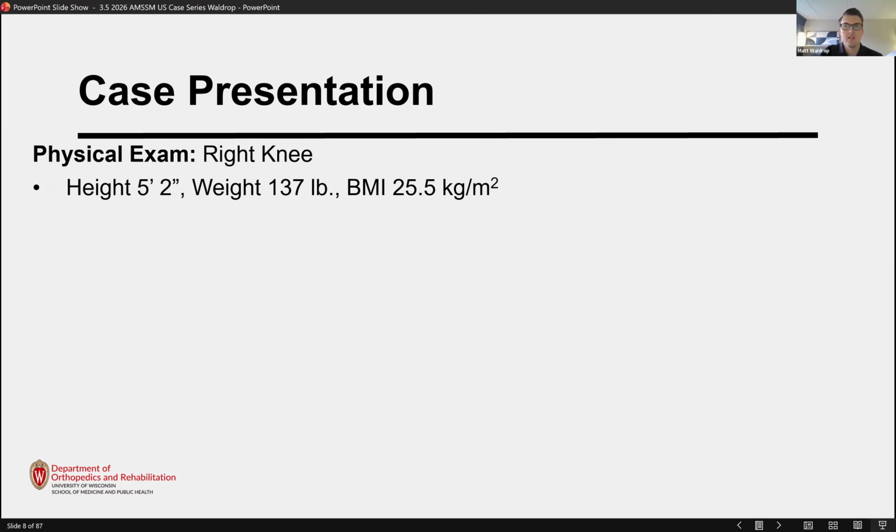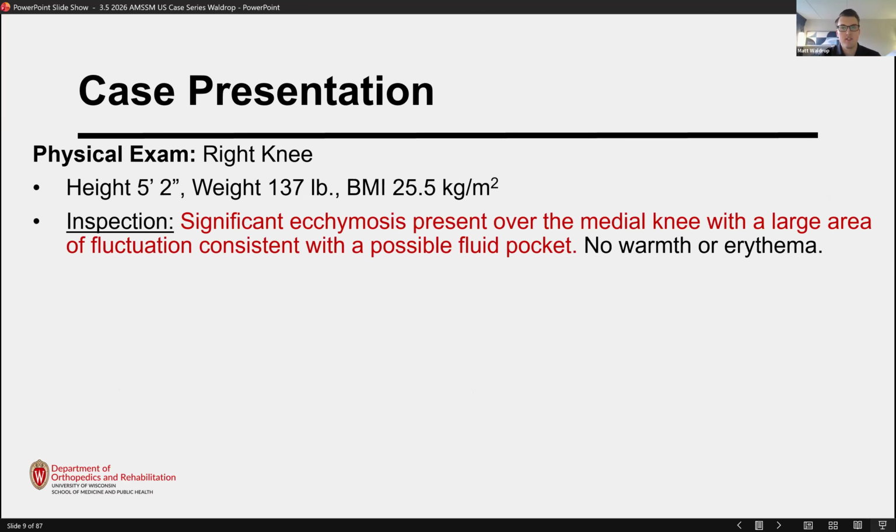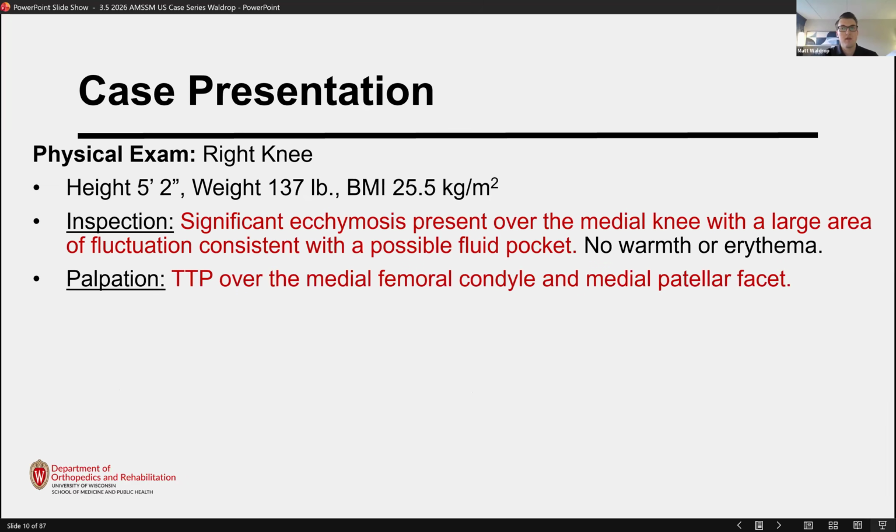On exam, she is 5 feet 2 inches tall, weighs 137 pounds, and her BMI is 25.5. Inspection is notable for significant ecchymosis over the medial knee with a large area of fluctuance, consistent with a possible fluid pocket, and there's no warmth or erythema present. She's tender to palpation over the medial femoral condyle and over the medial patellar facet.